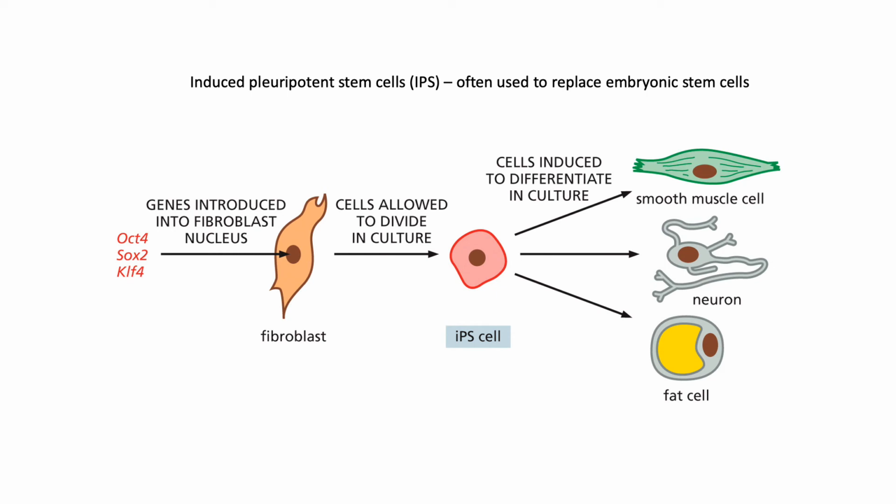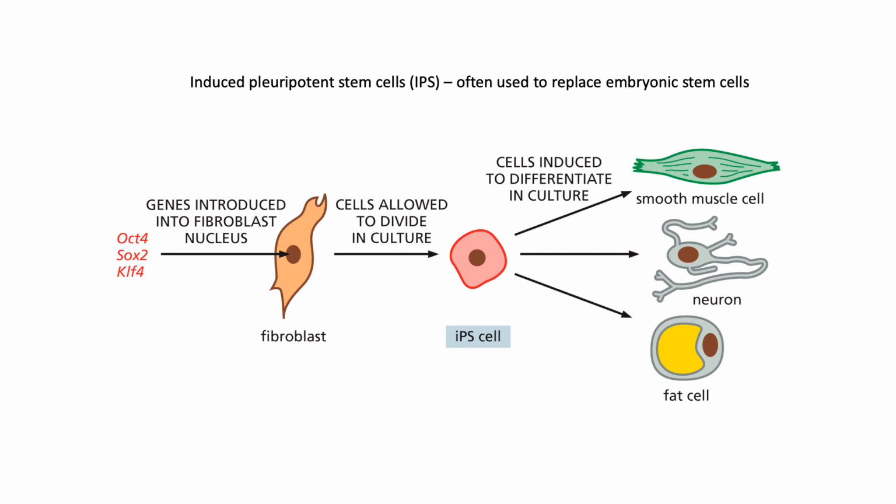So here we're talking about what are called induced pluripotent stem cells, IPS cells, and they're often used to replace embryonic stem cells because the embryonic stem cells are kind of hard to come by. And so what's been discovered is that there are 3 different genes that can be introduced into a mature cell like a fibroblast to get that fibroblast to revert back into a stem cell.